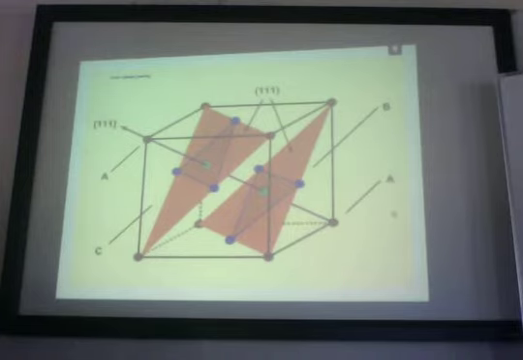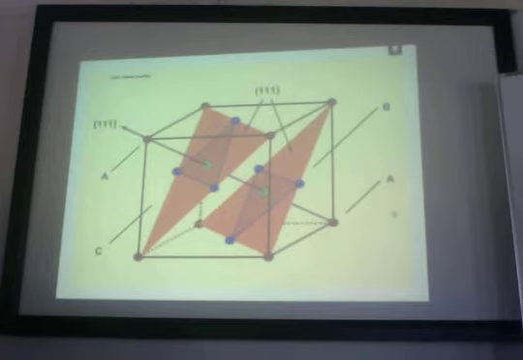Here we are using the Miller index 100 because the X axis is just coming out through this plane here.